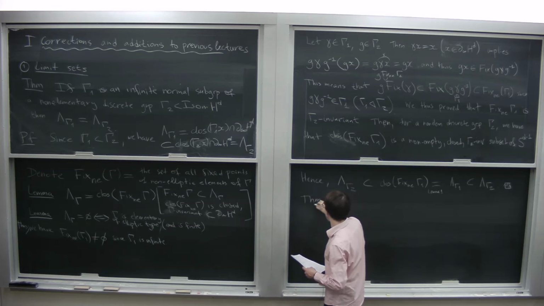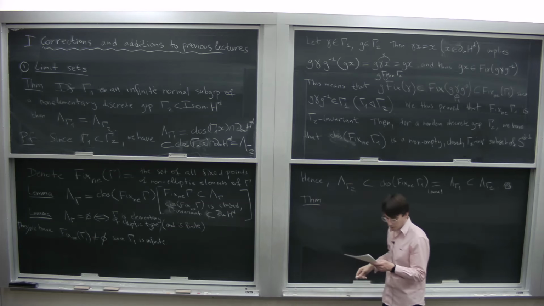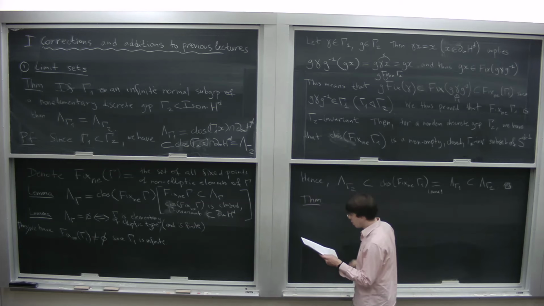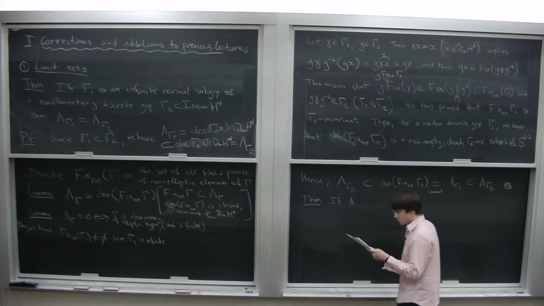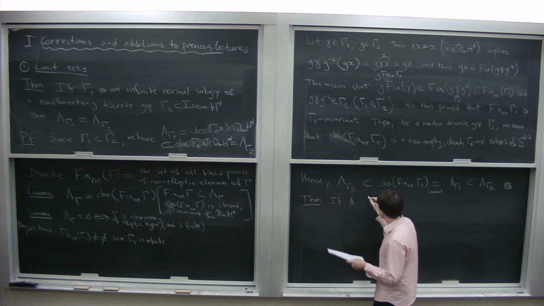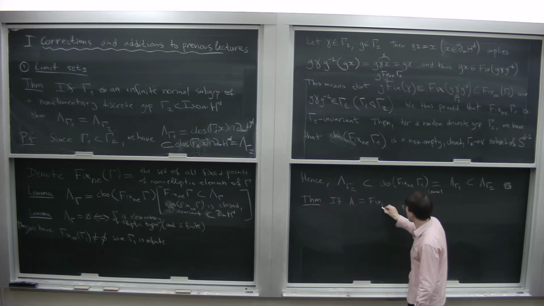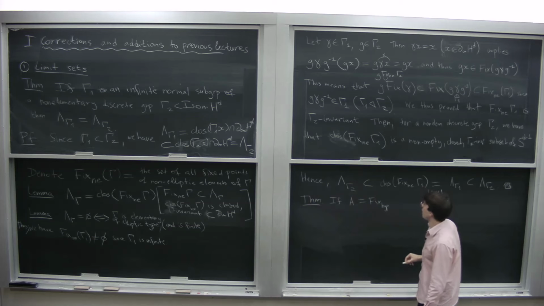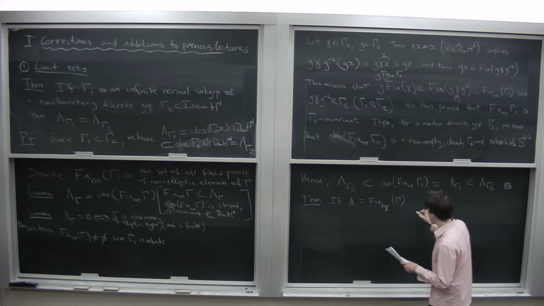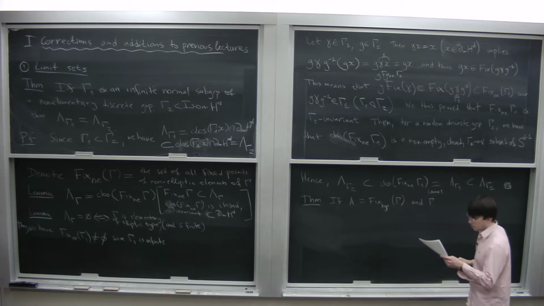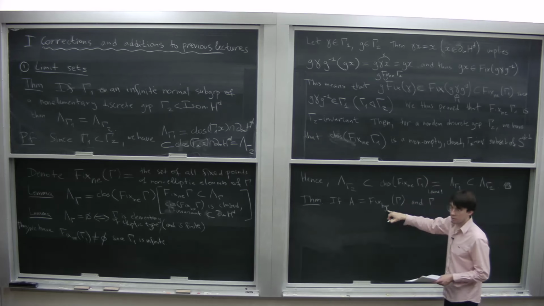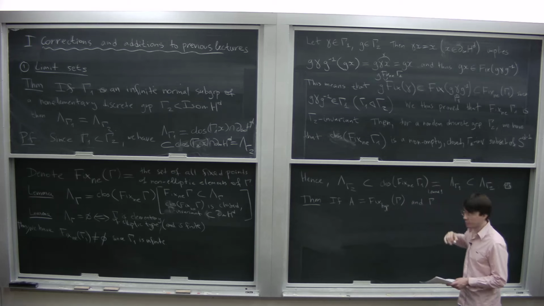So there is another interesting theorem. If A is the fixed point set of all hyperbolic elements of gamma, and gamma is non-elementary, since I wanted it to contain hyperbolic elements, right?